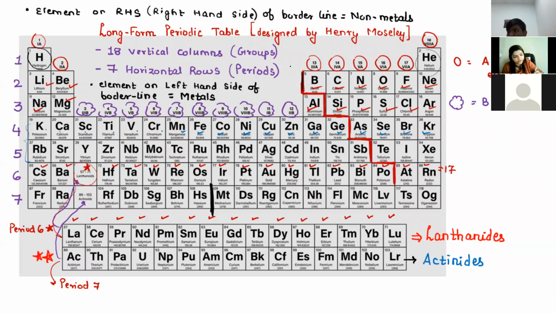So you can just draw this border line in your periodic table. Those who have that skeletal diagram, they can wait. So we draw that border on our periodic table? Yes, yes, yes. So that gives you a bifurcation.